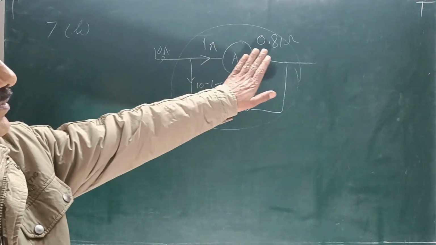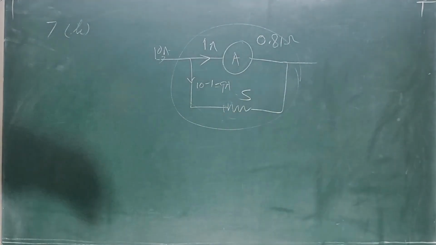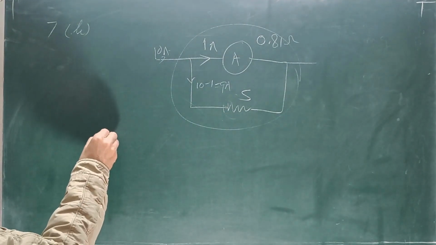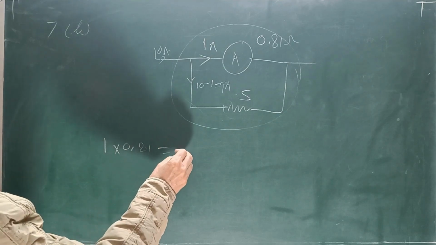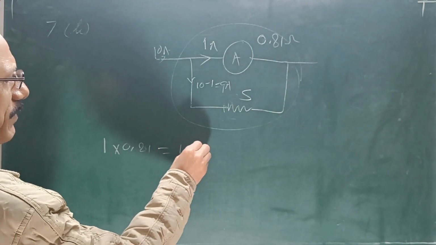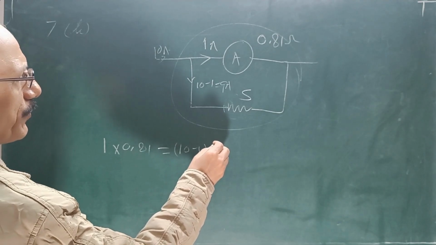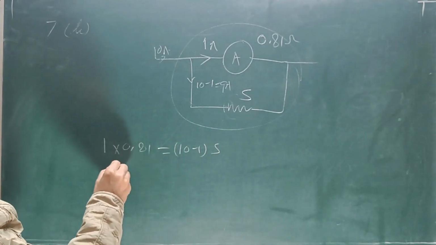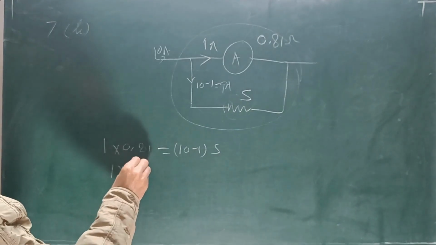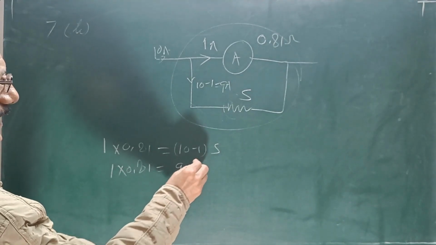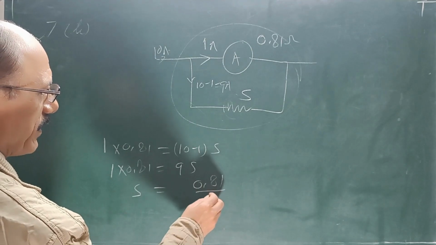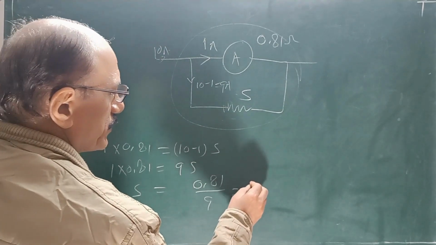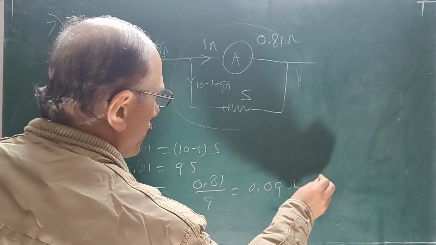According to Kirchhoff's mesh rule, we can have 1 into 0.81 equals (10 minus 1) into S. So 1 into 0.81 equals 9S, so S equals 0.81 divided by 9, which is 0.09 ohm.